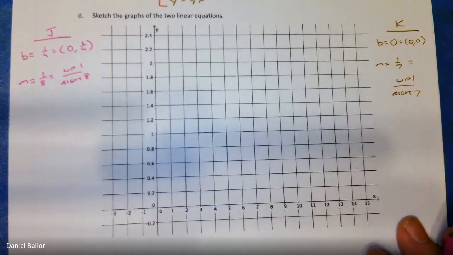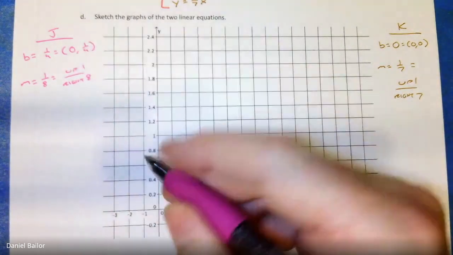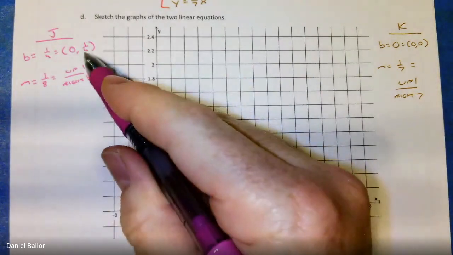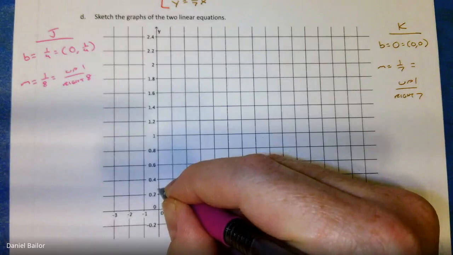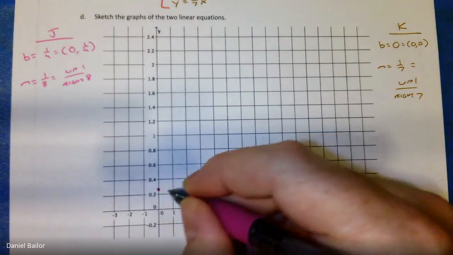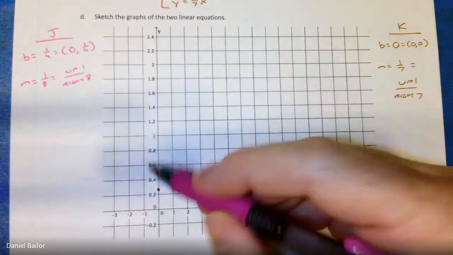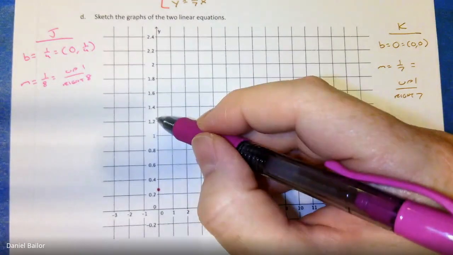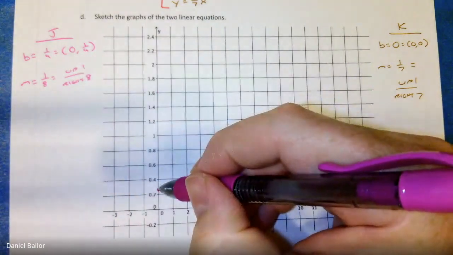Jessica, let's see, we can see all the graph now. Good. Jessica starts at 0, 1/4. That's the first point. So 1/4 is 0.25, which is going to be about right there. That's where she starts. Now she goes up 1, right 8. So 0.25 plus 1 is 1.25. Remember, we're adding 1, up 1.